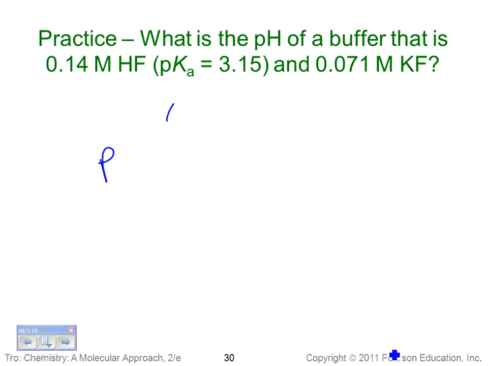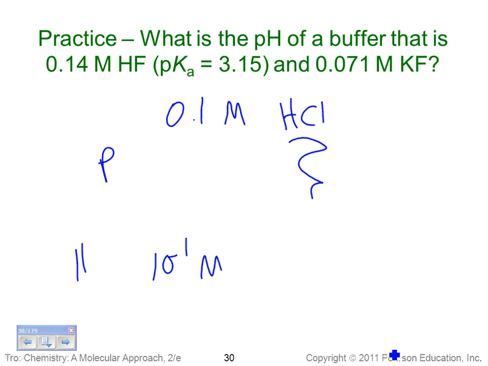That's a strong acid, and 0.1 molar means 10 to the minus 1 molar. If it's 0.1 molar acid, it's 0.1 molar hydronium, and because that's a strong acid, we know that the pH for that is 1.